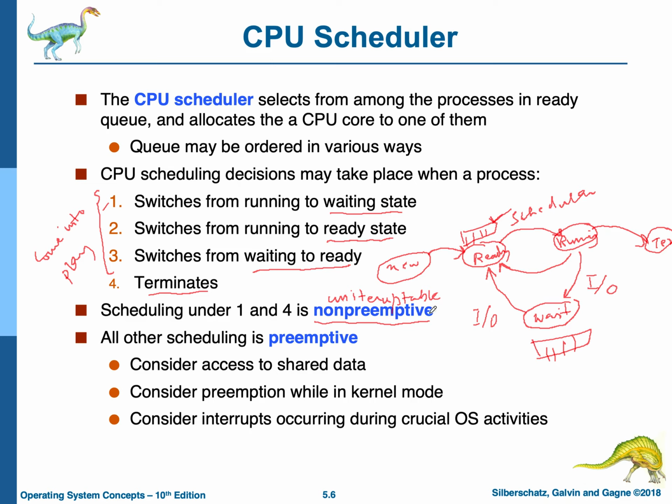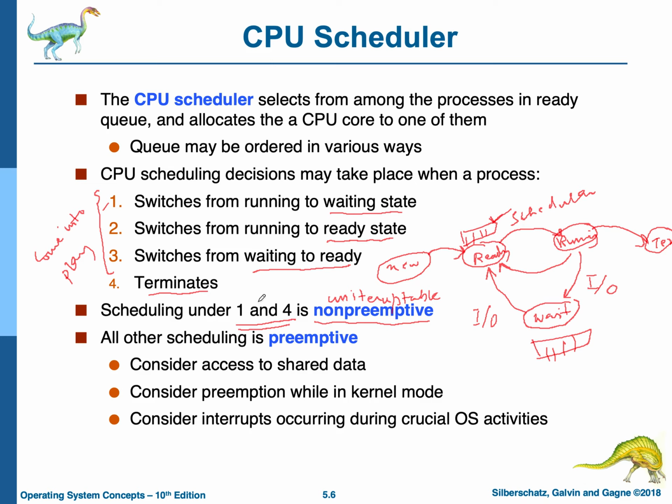This job is required to complete, and then another job can be allocated to the CPU, to the processor. So the first and the fourth are the non-preemptive conditions.